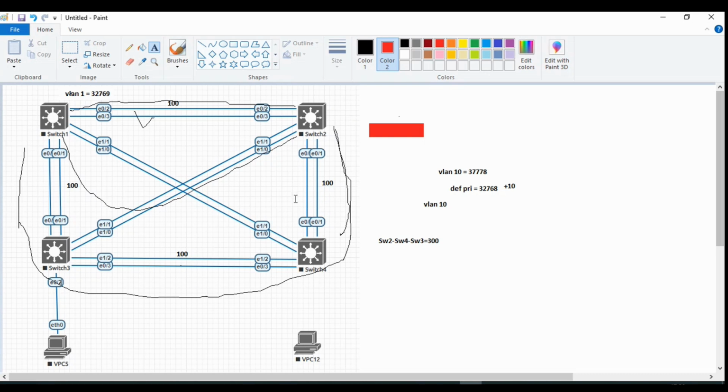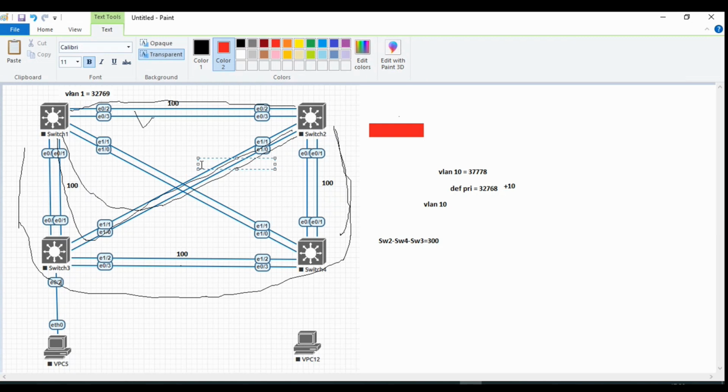Now we have a second path from here to here like this. The cost of this path is also 100 and it is already here.